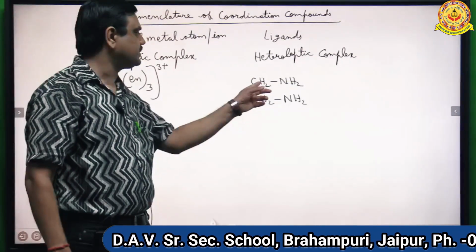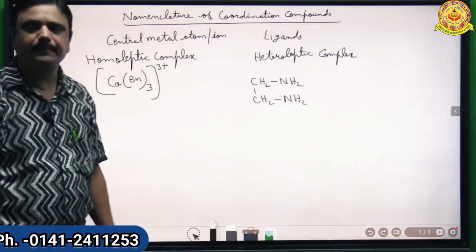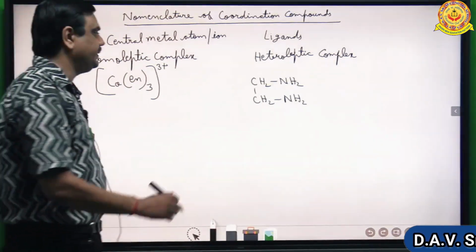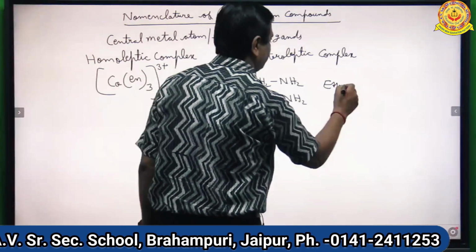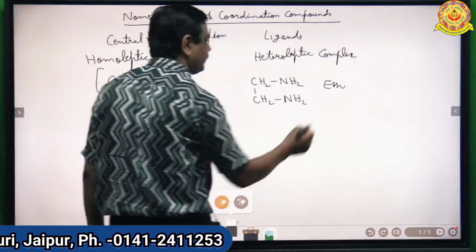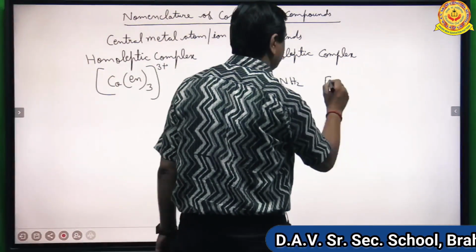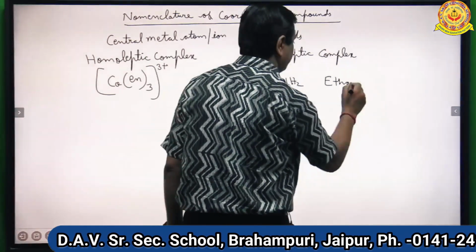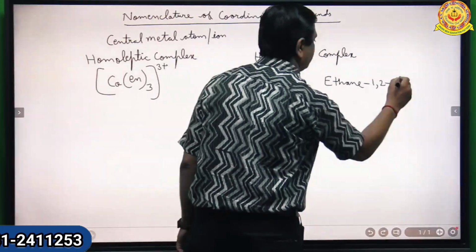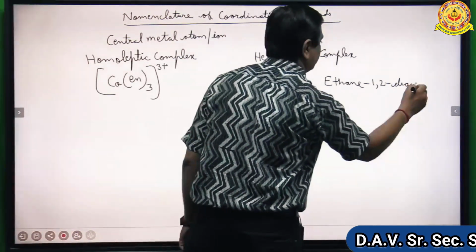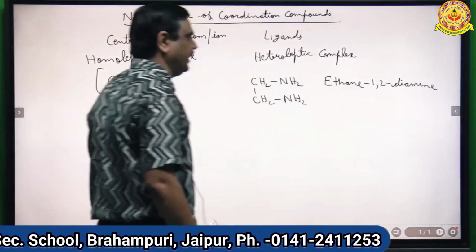From both the carbons, one hydrogen is removed and one amine is added. Okay, so its name is ethane-1,2-diamine.